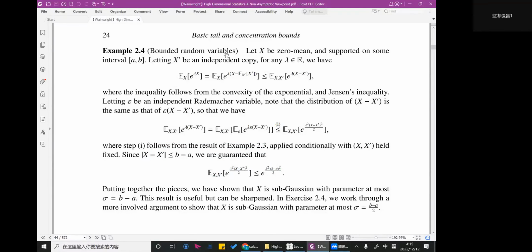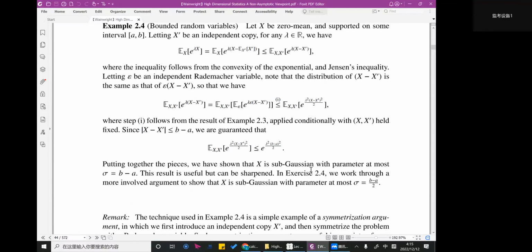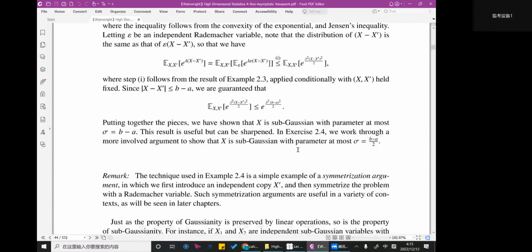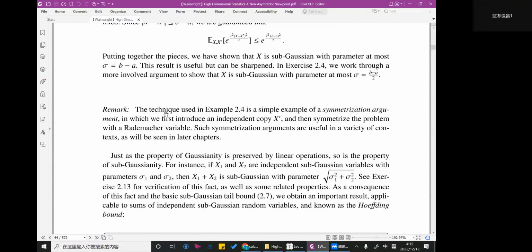the bounded random variables are all sub-Gaussian with parameter at most b minus a, but this result can be sharpened in exercise 2.4. But anyway, the result is important that every bounded random variable is sub-Gaussian.